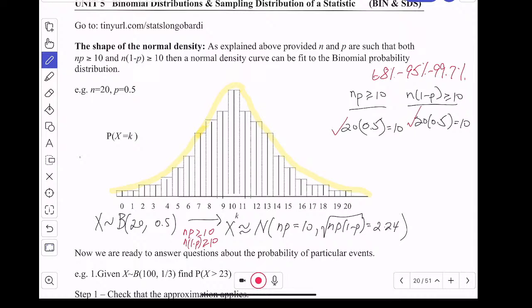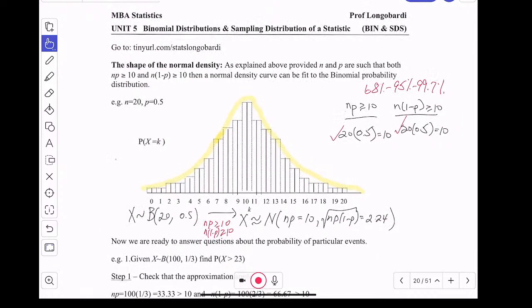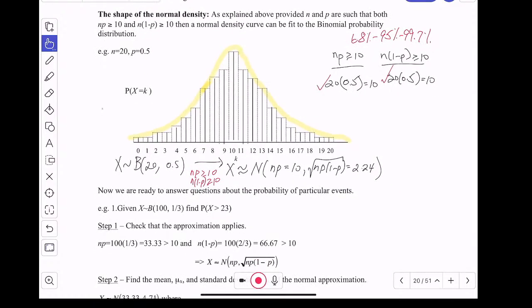Okay? And then, if I have any questions about what to expect, x is greater than this, x is greater than that, however, whatever it is I'm looking at, I will now use the normal distribution. So this is why I explained to you that the normal distribution is very important for this course. We're going to be using it until the end.